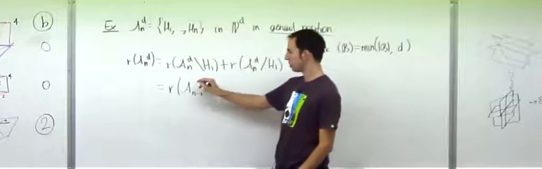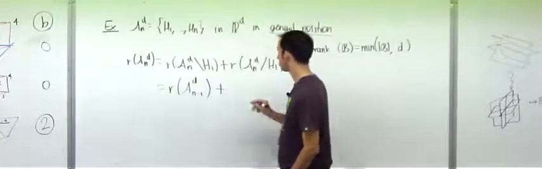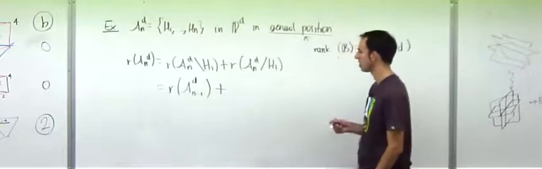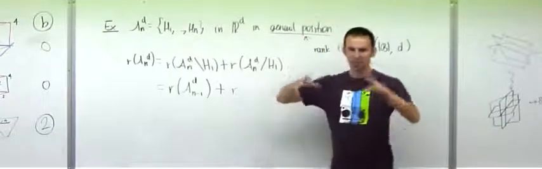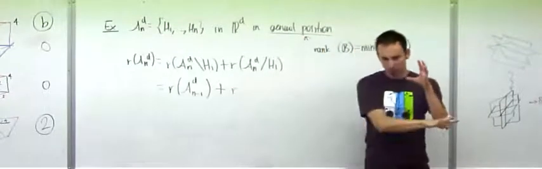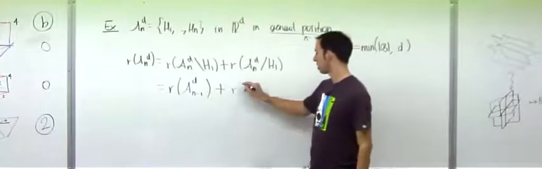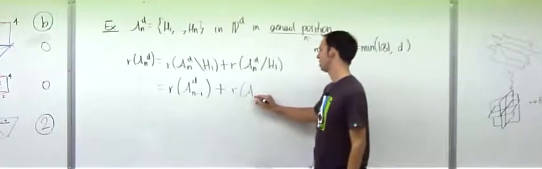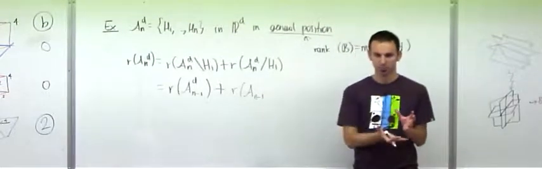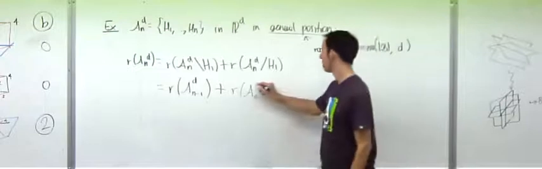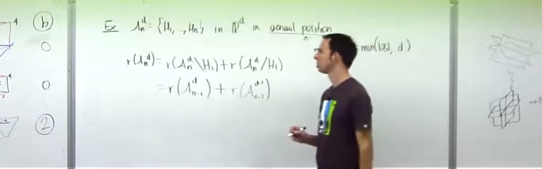And what dimension? d. Right? Plus what happens when you take n hyperplanes in d dimensions and you intersect with a hyperplane? Then basically you're going to get how many hyperplanes? n minus 1, but they now live in a dimension lower, in dimension d minus 1. Okay.